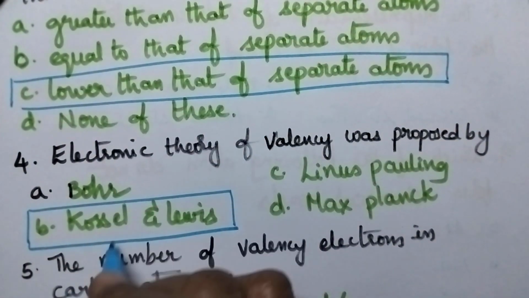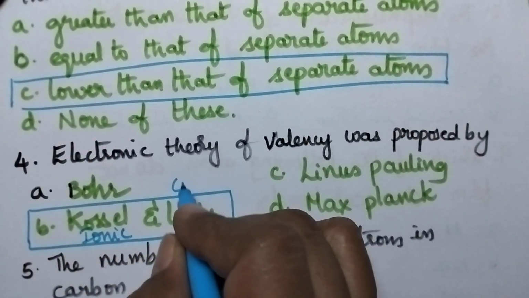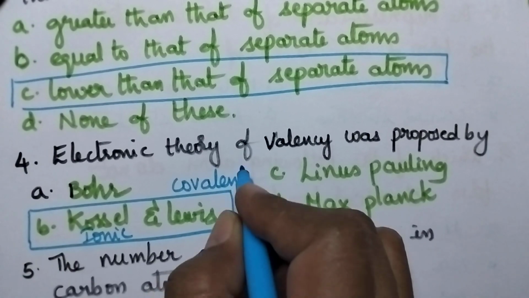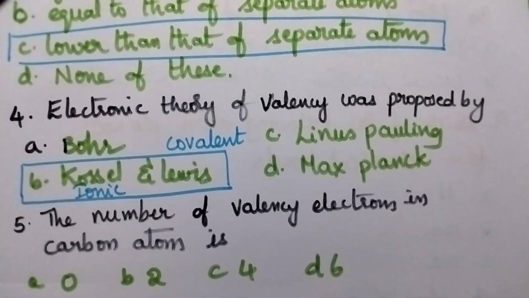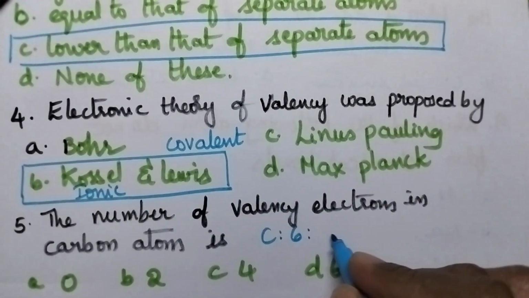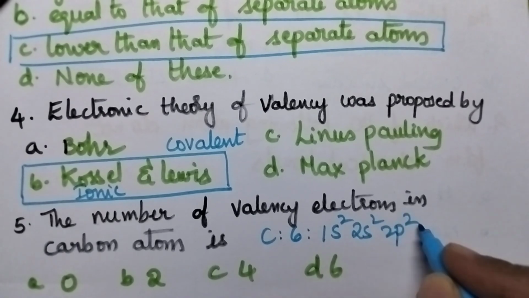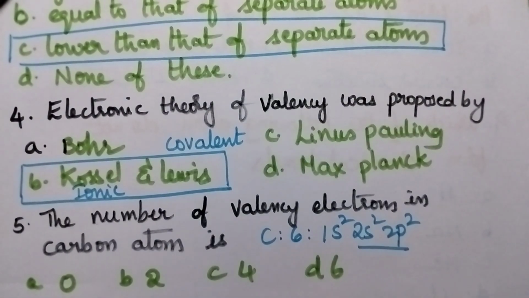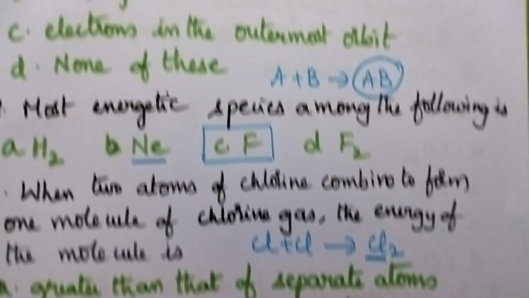Especially Kossel explains the formation of ionic bond, whereas Lewis explains the formation of covalent bond. The number of valence electrons in the carbon atom is, so atomic number of carbon is 6 and its configuration is 1s2, 2s2, 2p2. So here the valence electrons present in the carbon are 4. So option C is the right answer.